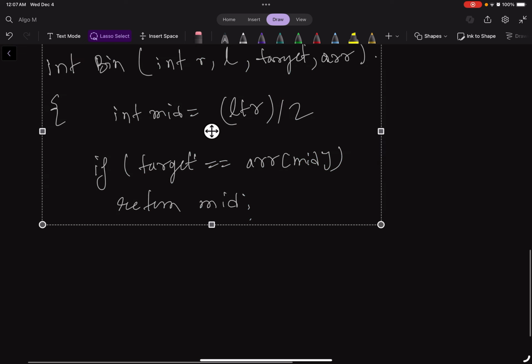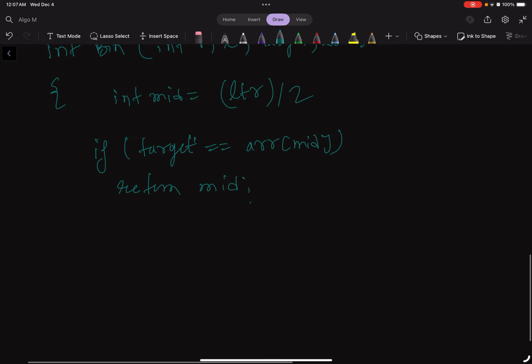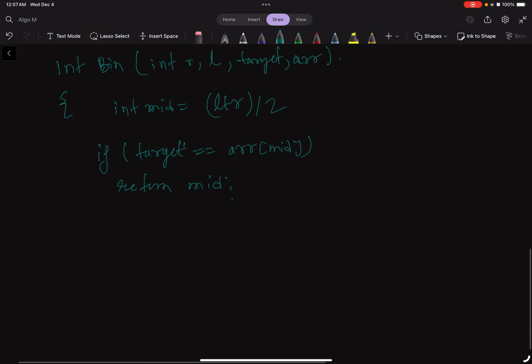The case in which we will not be returning mid is if ARR of mid is greater than target, then we will be doing return bin of.